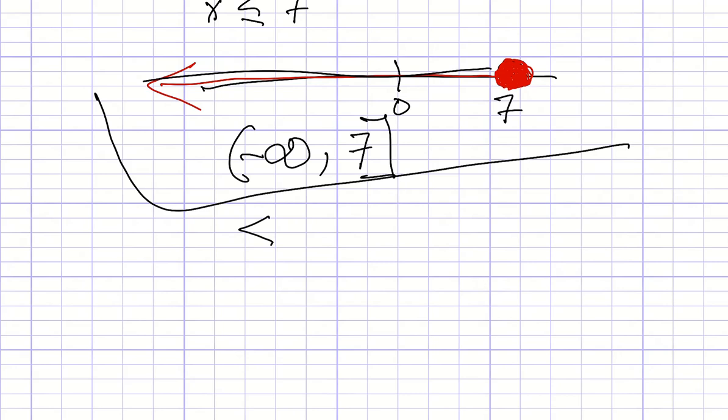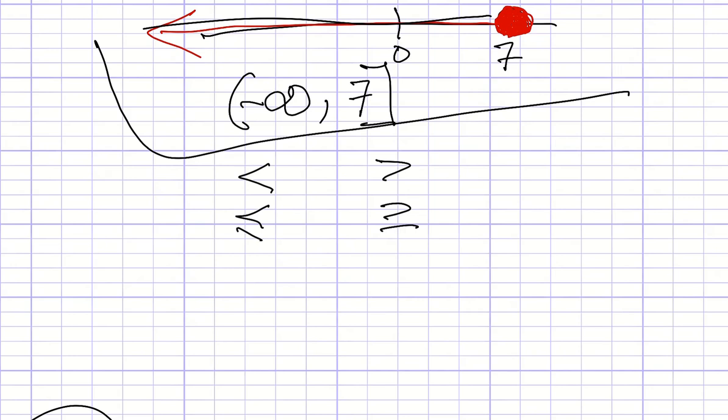You have less than, and then you have less than or equal to. You have greater than, and then you have greater than or equal to. Let me show you each time, and that way when I do it, you're not confused, okay?